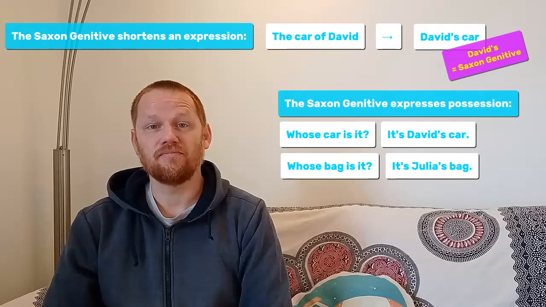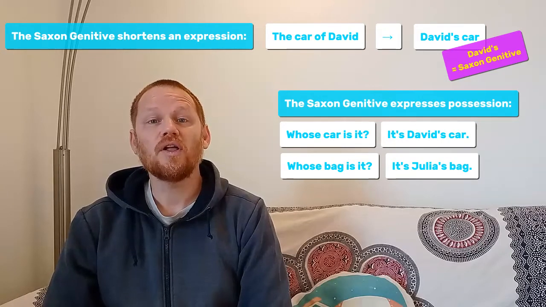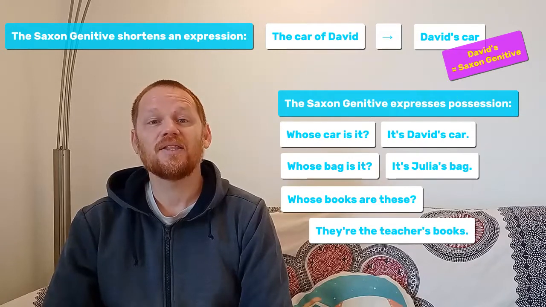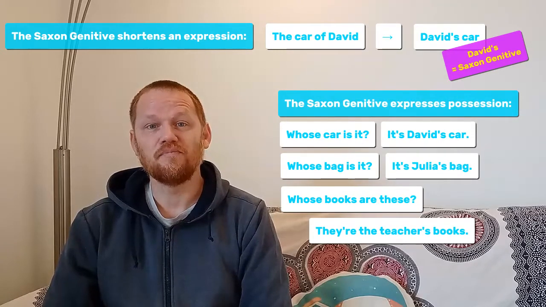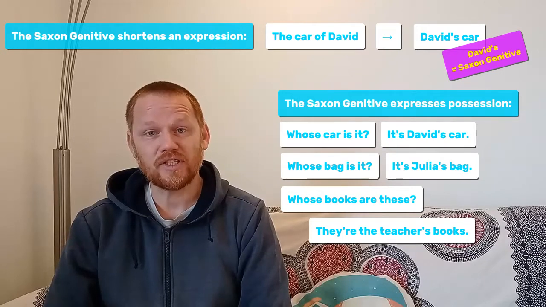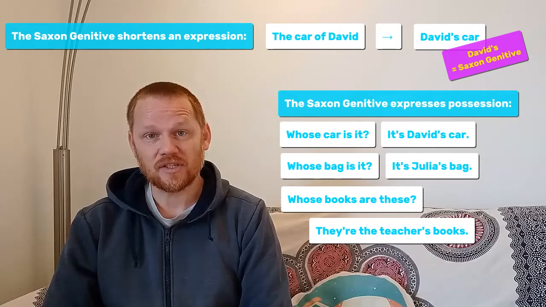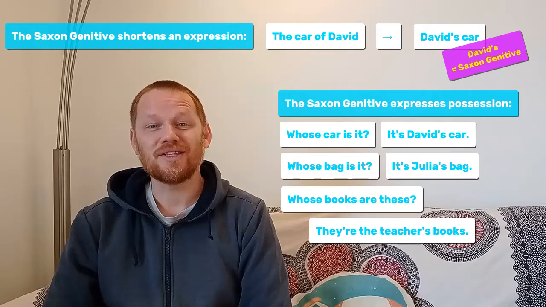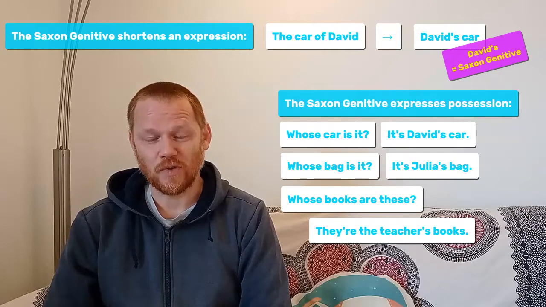It's Julia's bag, okay? Or the teacher's books. Whose books are these? They're the teacher's books, okay? So every time we use the Saxon genitive, David's car, Julia's bag, or the teacher's books, okay?